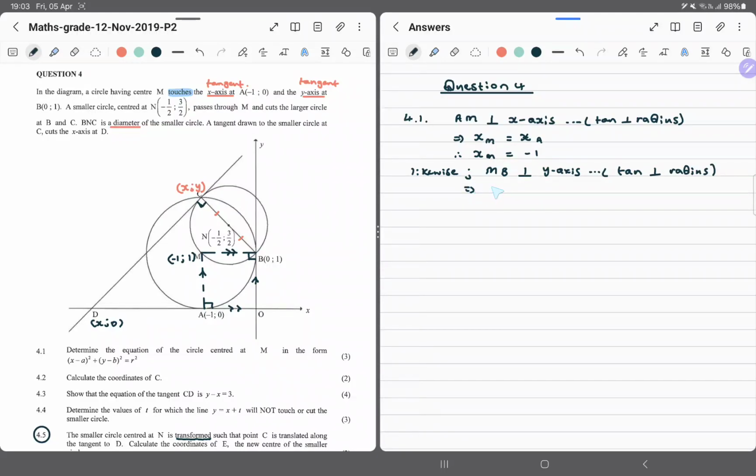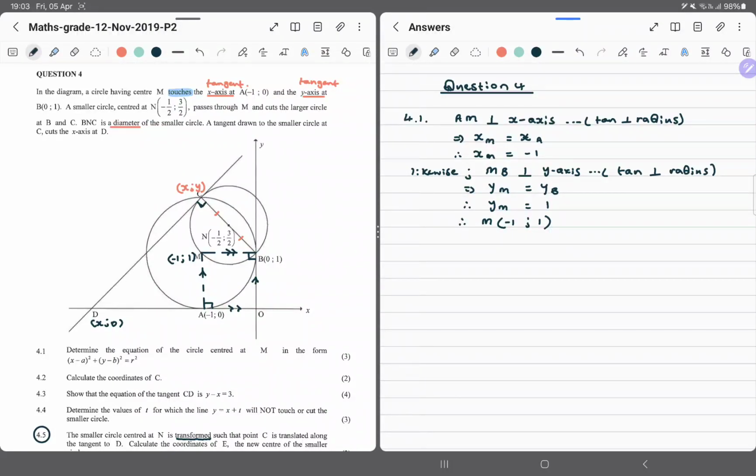Great. Then this implies that, not x this time, y at M should be equal to y at B. Therefore, y at M is going to be 1. And that concludes that point M is (-1, 1).